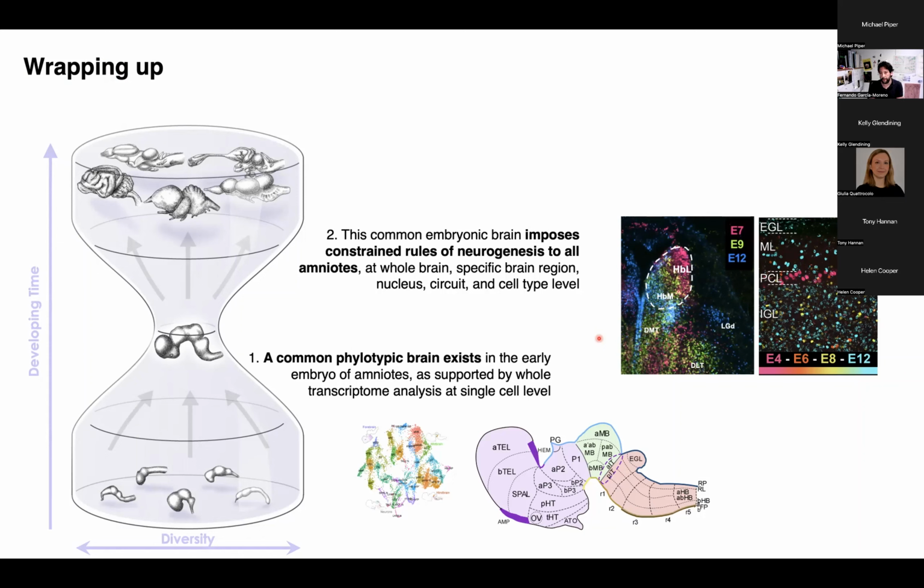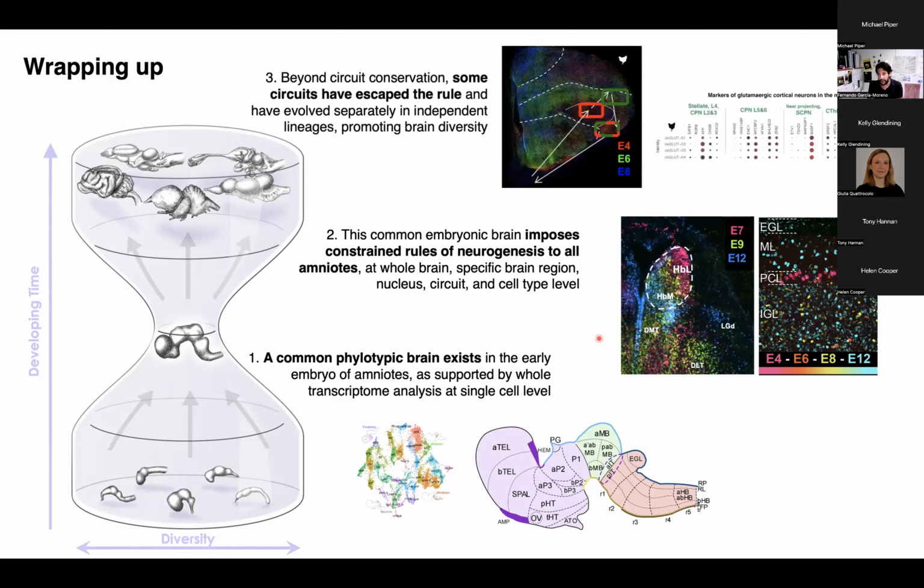But still, although there is a vast conservation of neurogenesis, there is at least one region or one circuitry in which evolution has tinkered a bit and has found another way to escape. So beyond circuit conservation, some circuits have escaped the rule and have evolved separately in independent lineages of vertebrates. And this is promoting brain diversity.